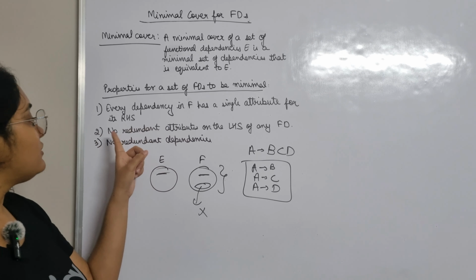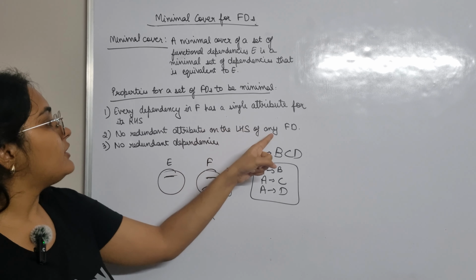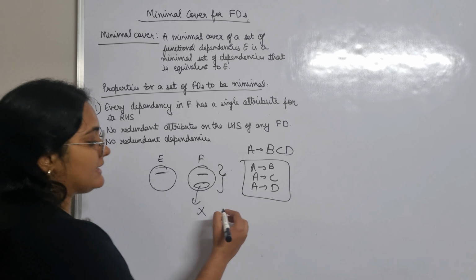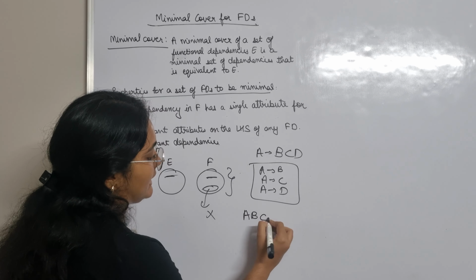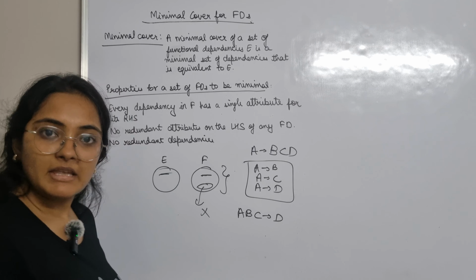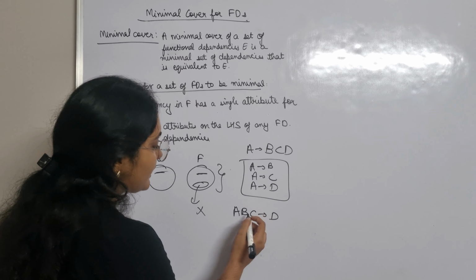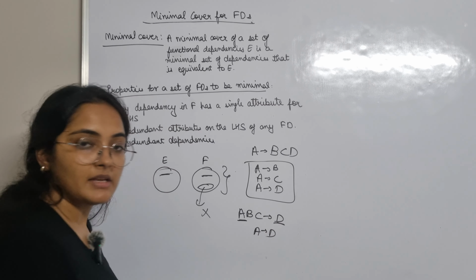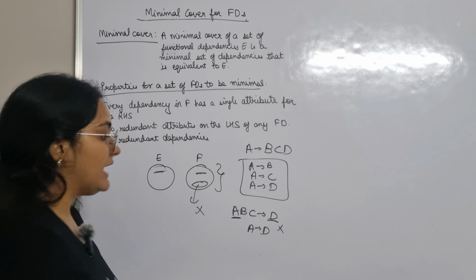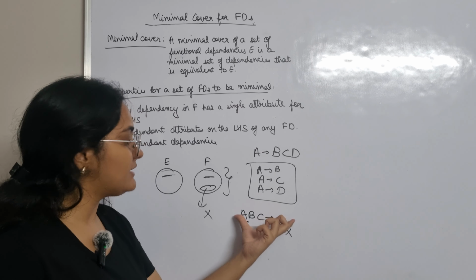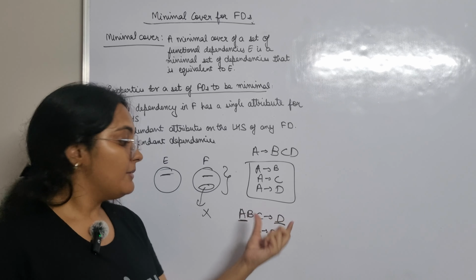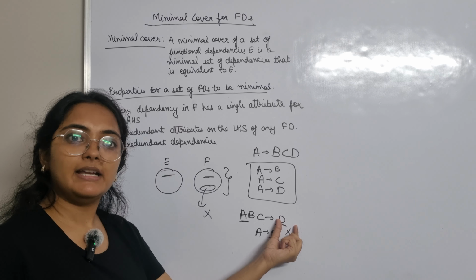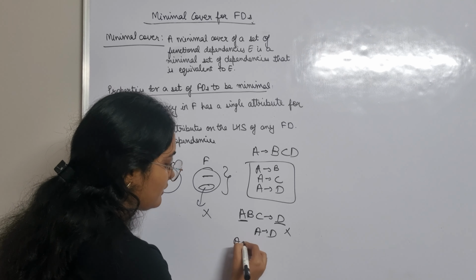What does the second rule say? No redundant attributes on the LHS of any FD. Let's say there is a functional dependency A, B, C determines D. Now if A alone can determine D, this should not also hold. If this is true, then this functional dependency is redundant, because if A alone can determine D, A, B, C will definitely be able to determine D, right? This is always true.